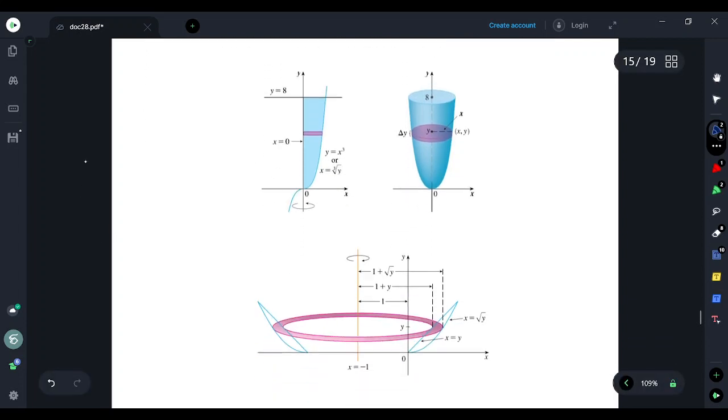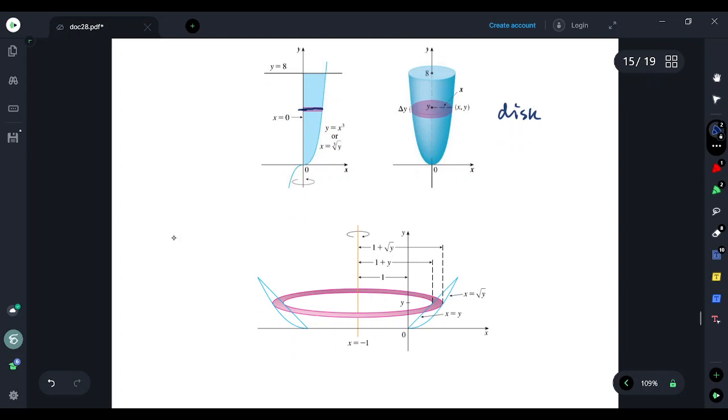For instance, in the figure here, the region is the blue region, and the rotation axis is the y-axis. So when you take a cross-section of the region and you rotate it, this gives a disc, right? This is a disc.